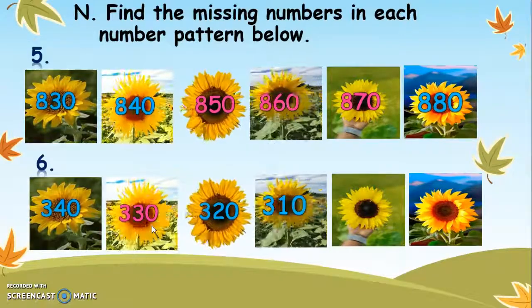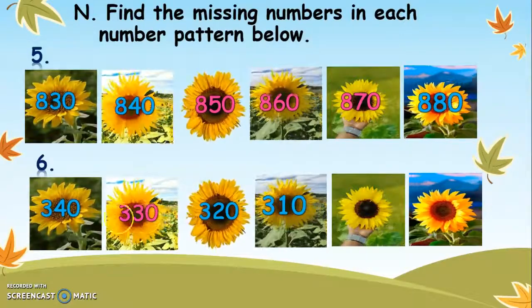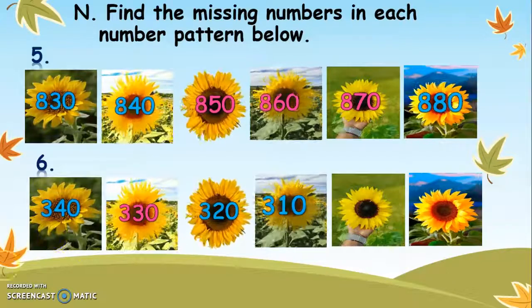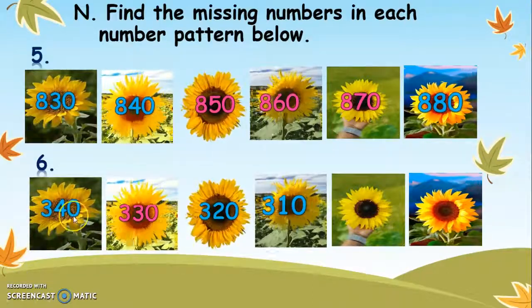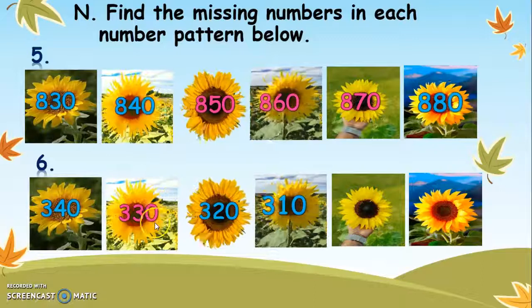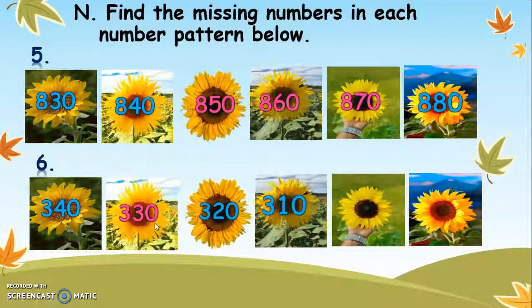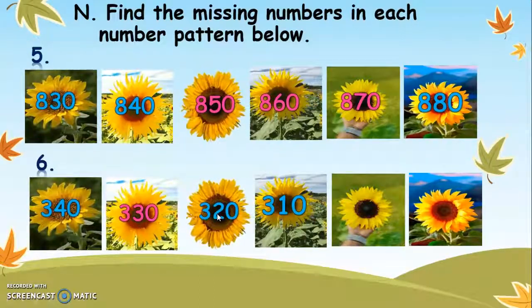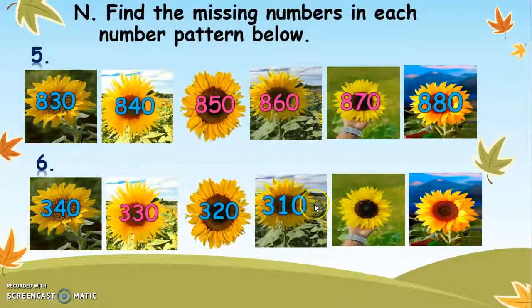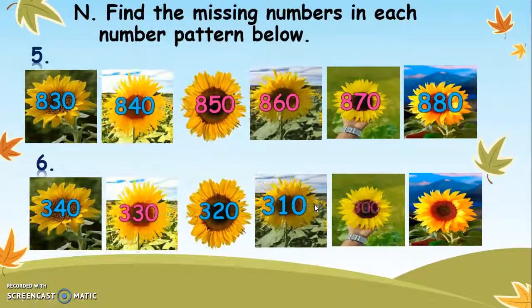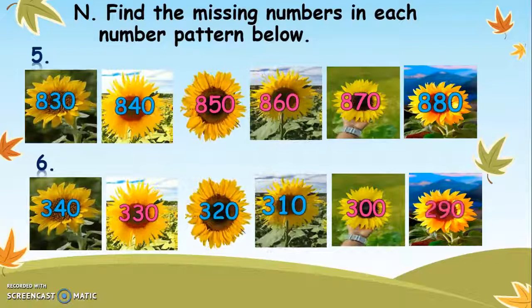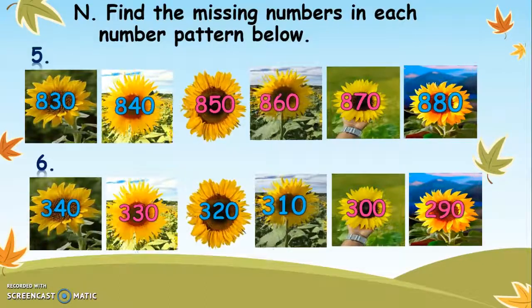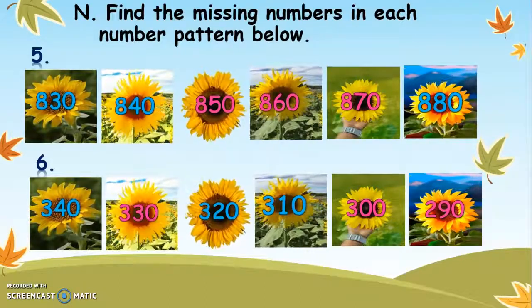To find the answer, you can simply do minus 10. So again, that's 340 minus 10, 330, 320, 310, and the next two numbers are 300 and then 290. Let's go to the next number.